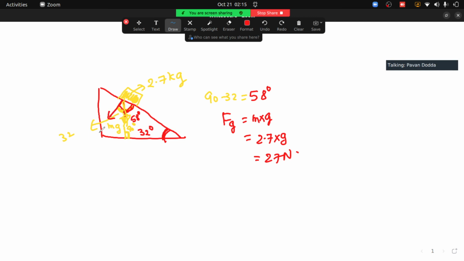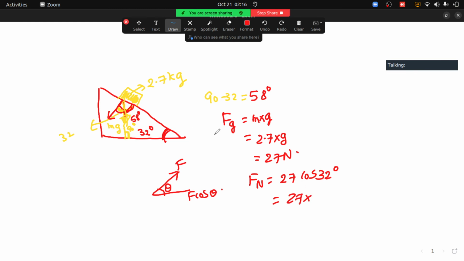If this is 32 degrees, and we just discussed that if there is a force F along any direction, the component of force making an angle theta is given by F cos theta. Here theta is 32 degrees, so the normal force would be 27 cos 32.